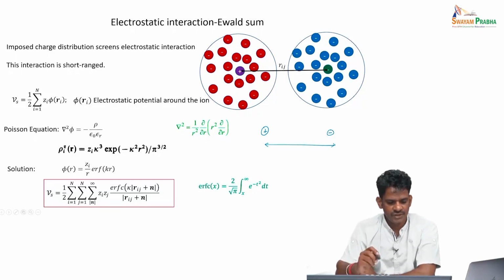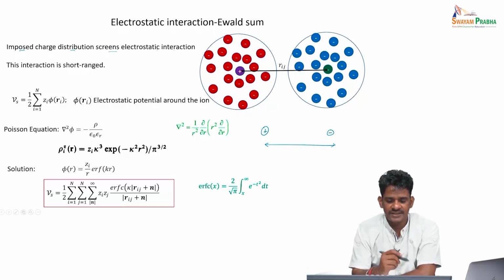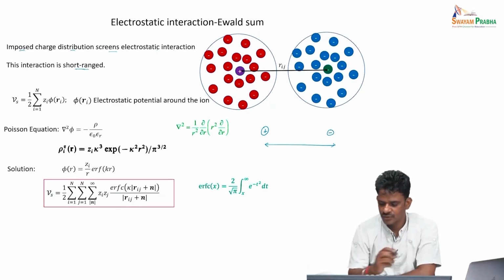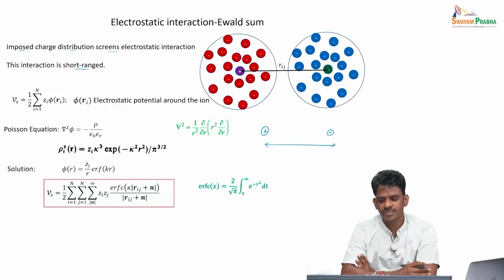So the imposed charge distribution screens the electrostatic interactions, and as a consequence, the interaction becomes short ranged. That is the importance of having an imposed charge distribution, which makes the long range into a short range interaction because of this electrostatic screening by the counter ion charge distributions.